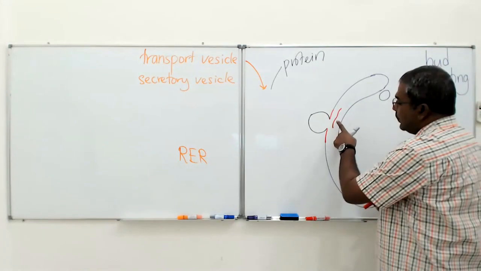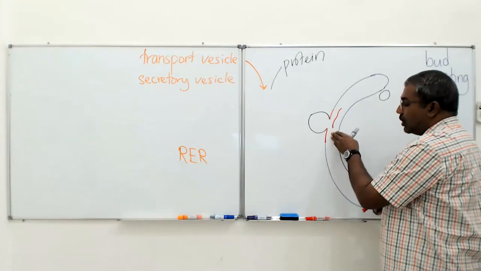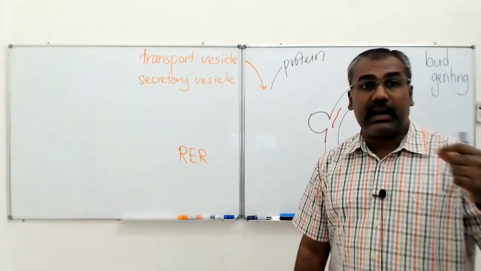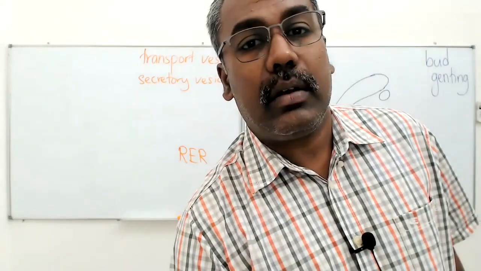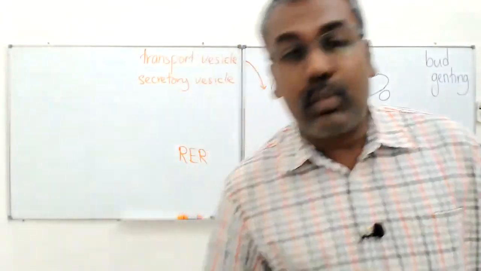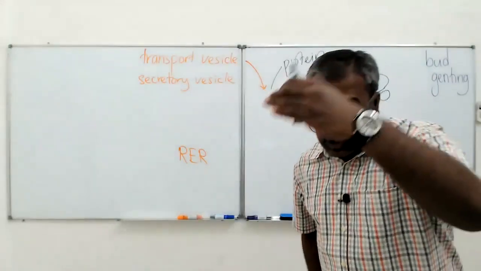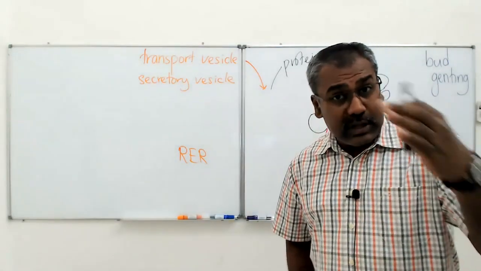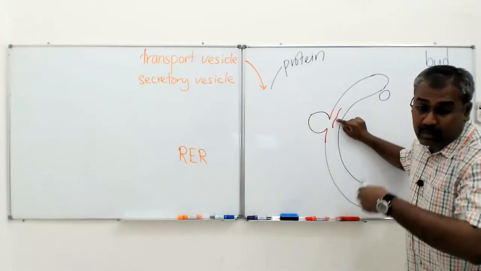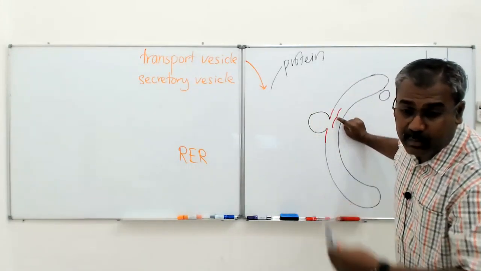So selepas protein ini masuk ke dalam Golgi apparatus, what the Golgi apparatus will do? Dia akan modify, process and modify. So Golgi akan memproses dan mengubah suai protein ini.